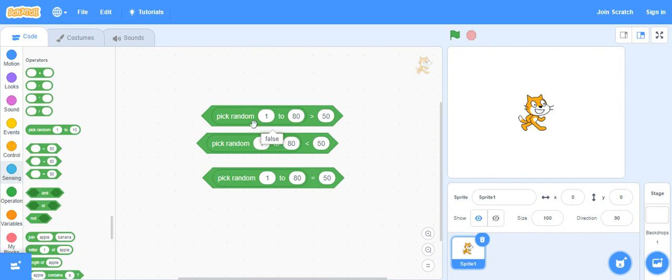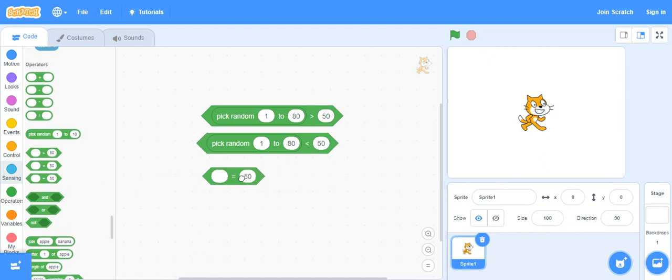This is false because the random number was not greater than 50. This is also false because it was not smaller than 50. This was also false because the random number was not equal to 50. This is how to compare two numbers.